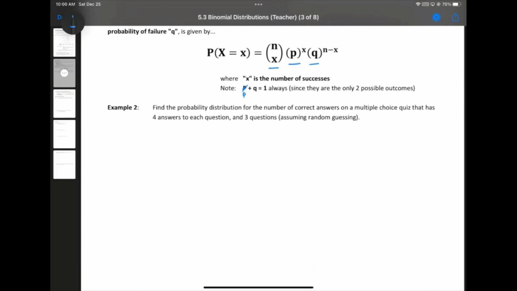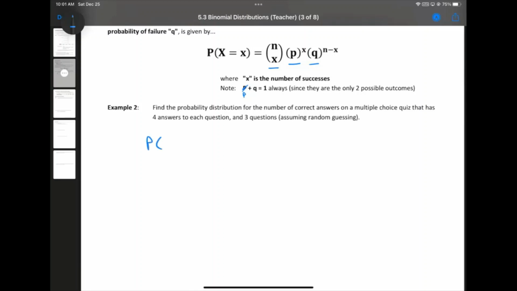So example 2: find the probability distribution for the number of correct answers on a multiple choice quiz that has 4 answers to each question and 3 questions, assuming that we're random guessing. The random guessing is to assure that all outcomes are equally likely. And anyway, let's give this a shot. So we want the probability distribution.